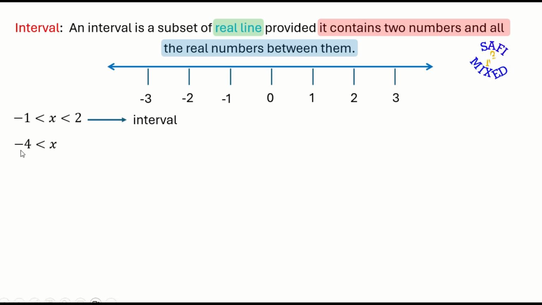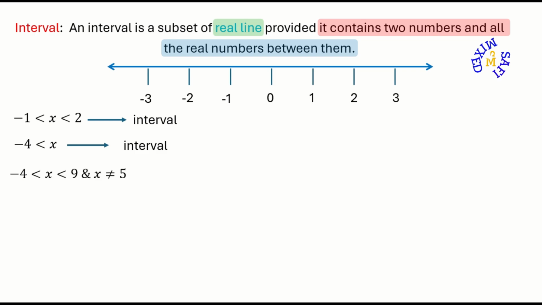Similarly, a configuration like this where x is greater than minus 4 is again an interval because it is bounded by minus 4 and at the other end it goes to infinity. So all the numbers between plus infinity and minus 4 are included. Therefore, this is also an interval.